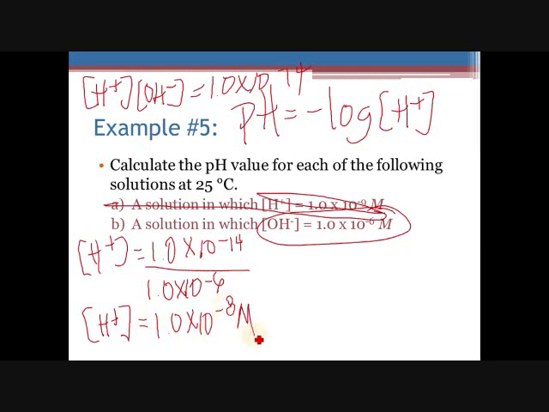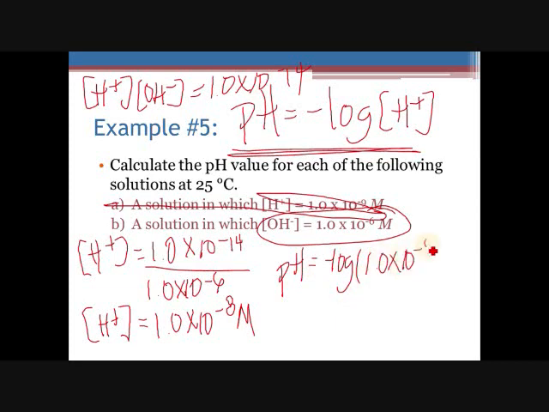Okay, so now that we know the H plus, we can use our log equation. So plugging in negative log of 1 times 10 to the negative 8 in the calculator, 1.0 EE negative 8, hit the log button, and I got negative 8.